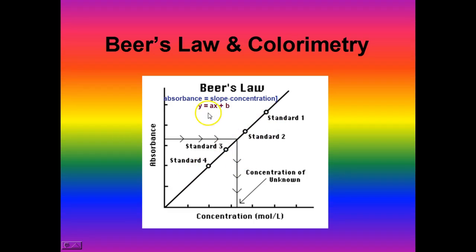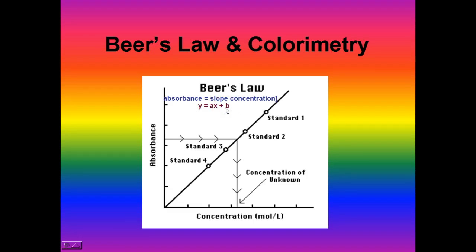And then you have your values for that regression line, and it gave you the format y equals ax plus b. Again, y is representing what's on your y-axis, which is your absorbance. X is representing the concentration, which is on your x-axis. The slope is giving you the A value, and then the B would be your y-intercept.